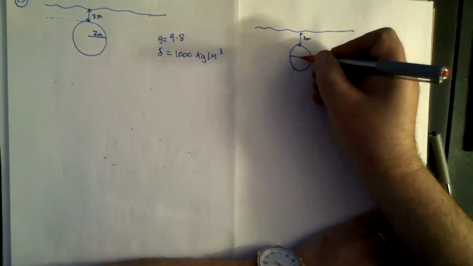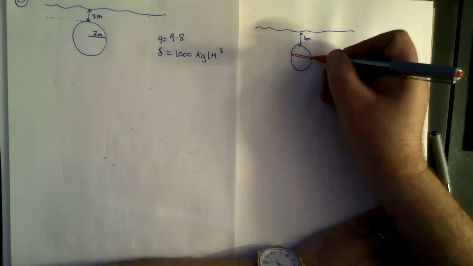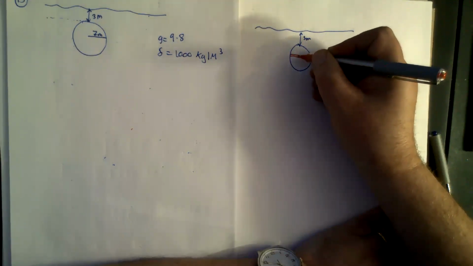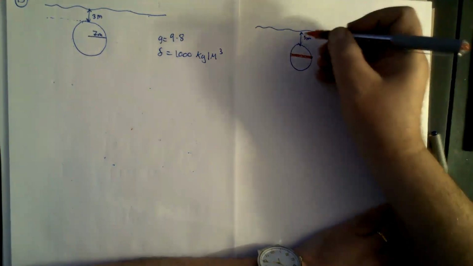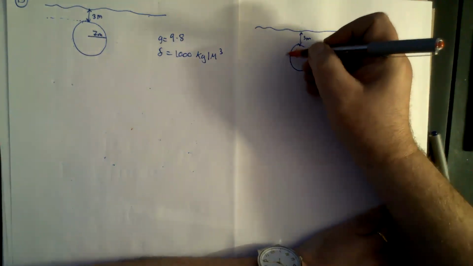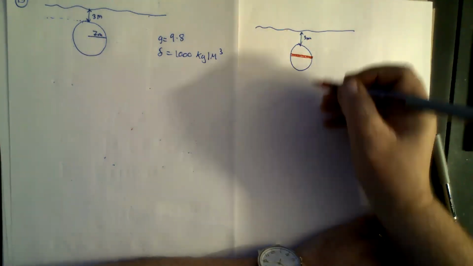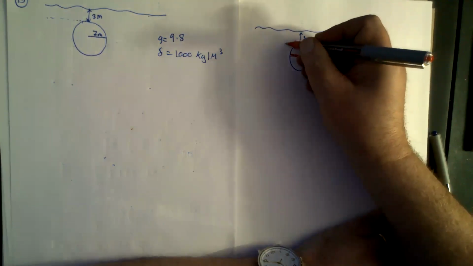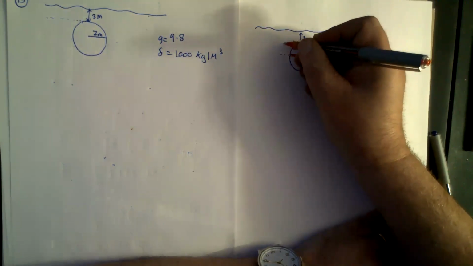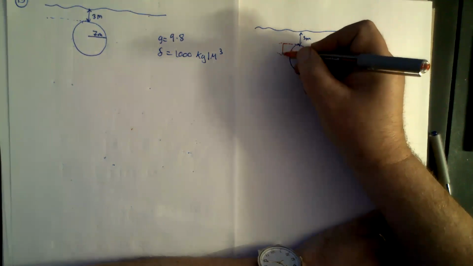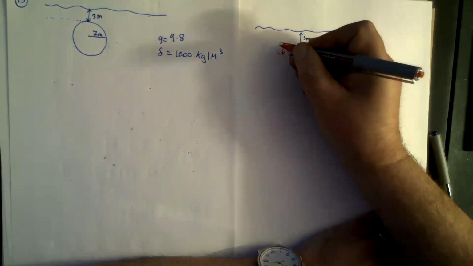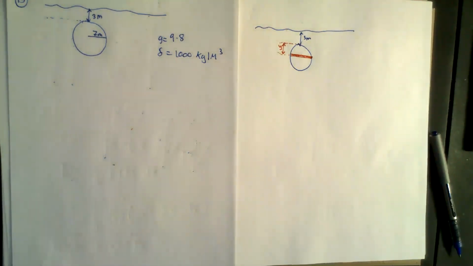I'm going to put my random strip there. It might look like it's in the middle, but it doesn't need to be there. And I am not going to call this distance from here to here x. In fact, I'm not even going to call it x, because I like x for the other cases. I'm going to call that distance y.